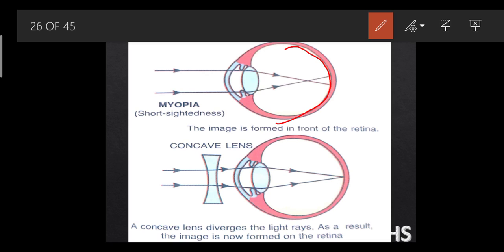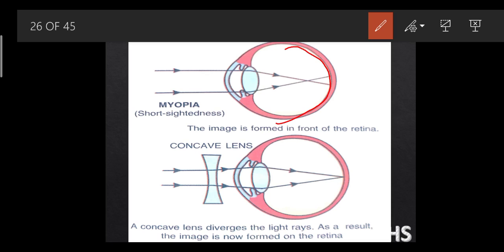In the case of myopia, also called near or short sightedness, a person can see near objects very clearly, while there is a problem in visualizing distant objects. These problems are often seen in teenagers or young people.